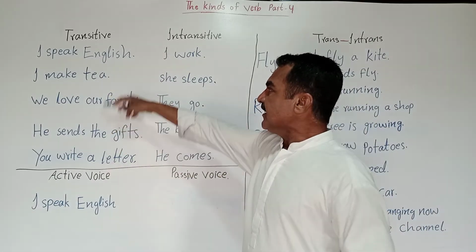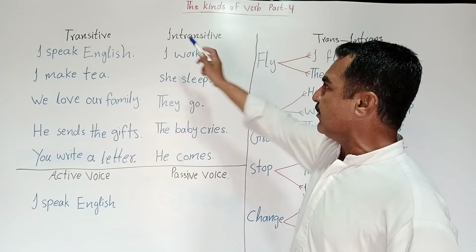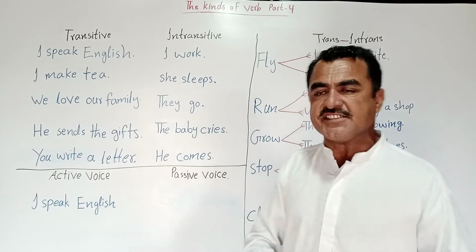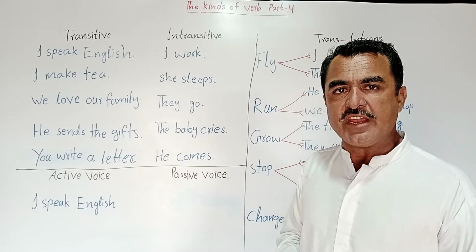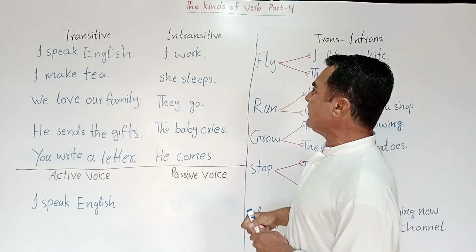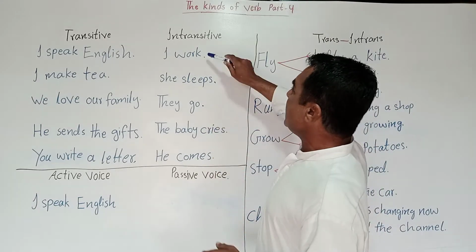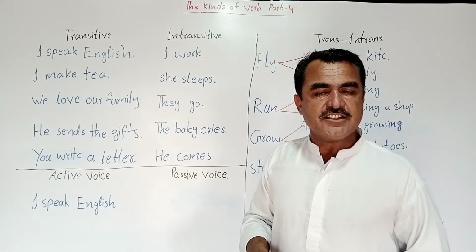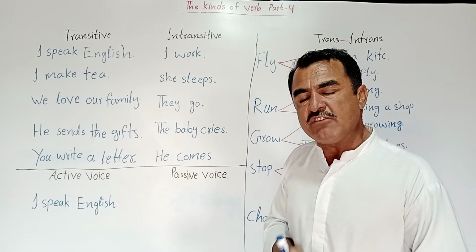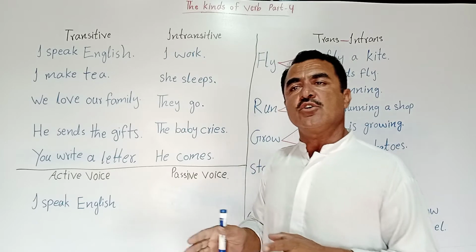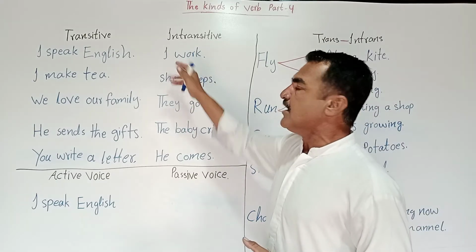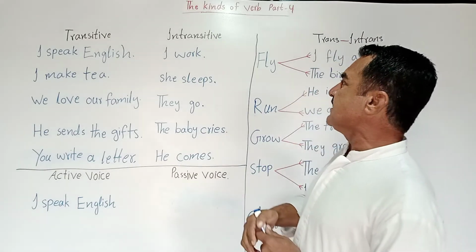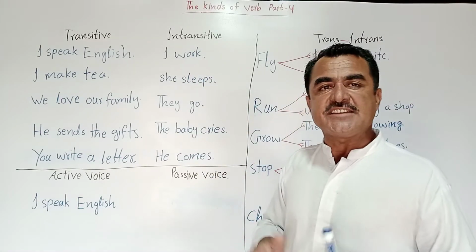You can see these are with objects. Transitive verbs are with objects, and intransitive verbs are without objects. Simply, if you want to put an object here, that object will be a prepositional object. It will not be a verbal object because the sentence is complete in itself.